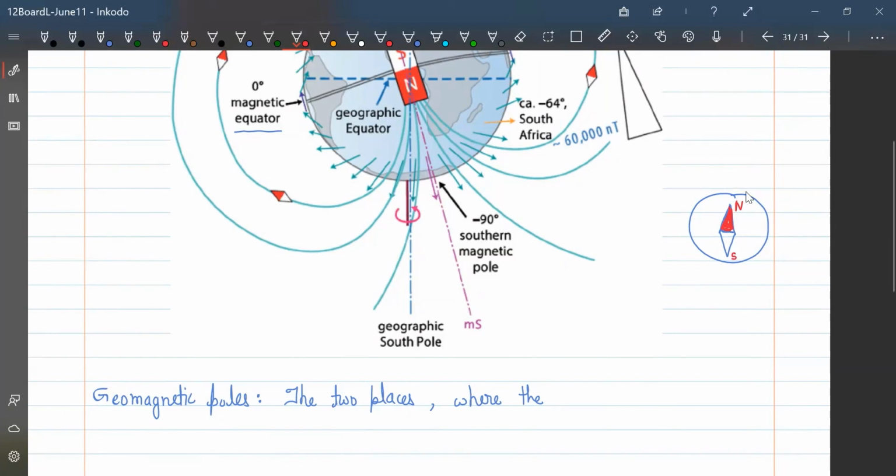This is called the compass, and the thing inside it is called the magnetic needle.